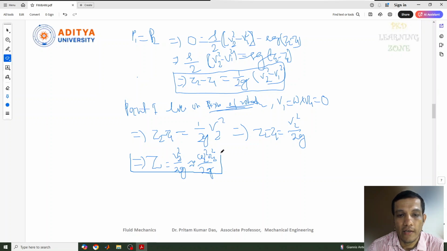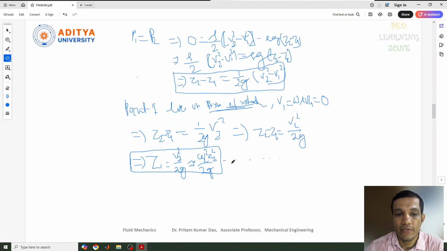So this is the equation. If you see, the Z value varies with R, because the remaining things are constant: omega is constant, g is constant, so only one term is there, that is R. So Z varies with the square of R.